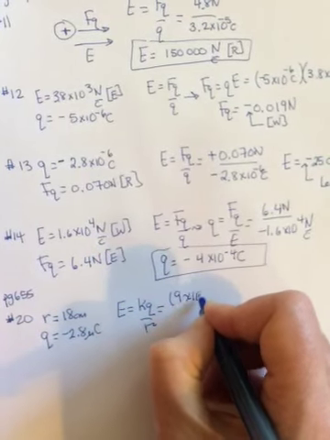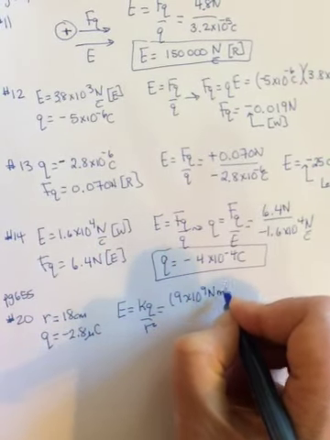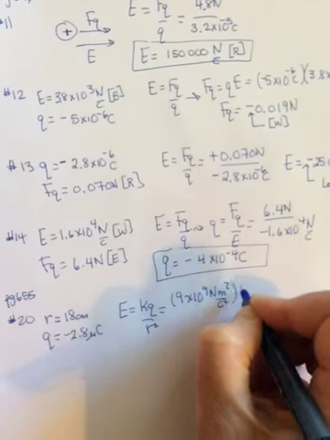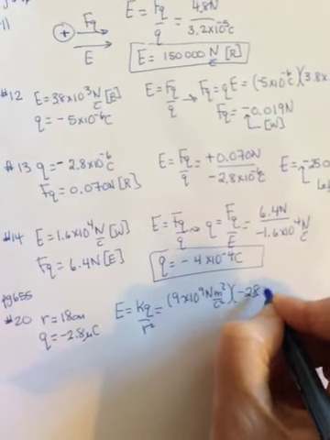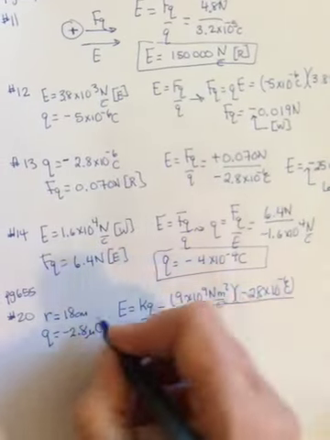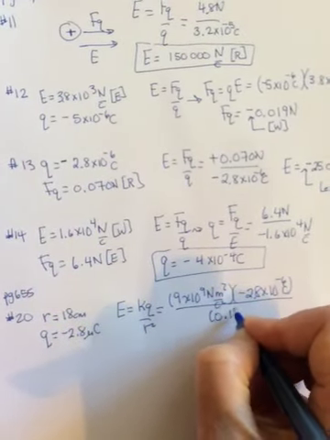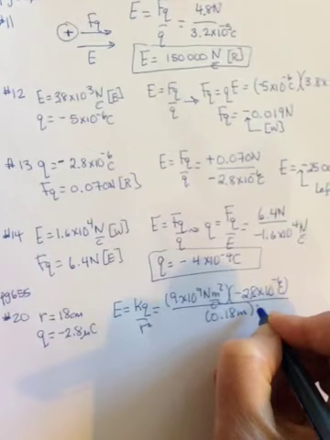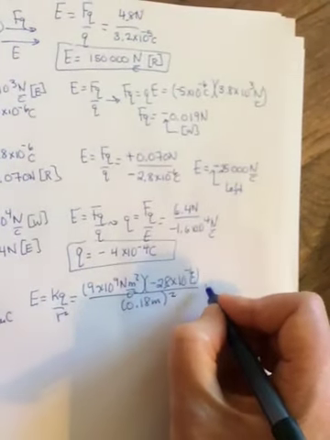So 9 times 10 to the 9th newton meters squared per coulomb squared times negative 2.8 times 10 to the negative 6 coulombs divided by 18 centimeters, which is 0.18 meters. Don't forget to square it.